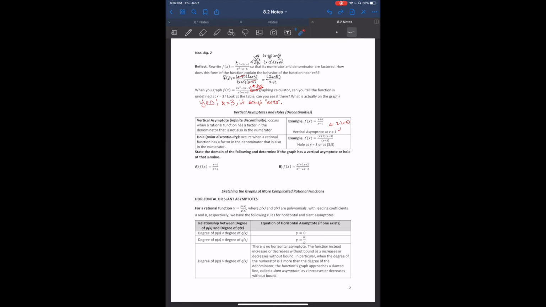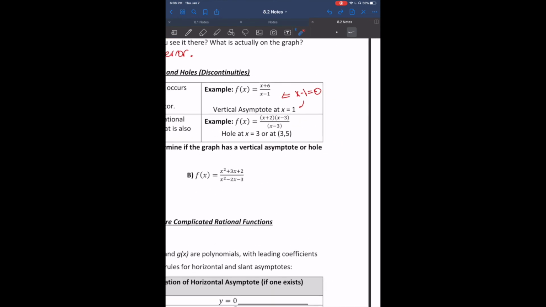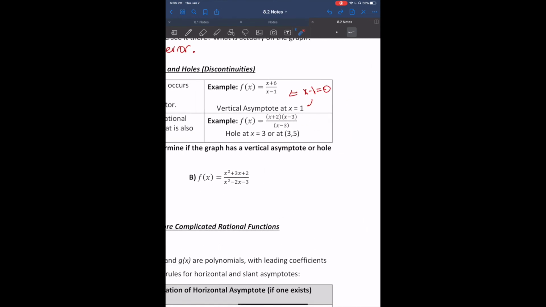When we have a hole, it occurs when a rational function has a factor in the denominator that is also in the numerator. So these would be examples where we can cancel out those common factors, and that's what would create our holes. Now, you can see this example here. We have a hole at 3, and the exact location is (3, 5). The way we determine the location of this hole is by taking the value of x for which we solved.